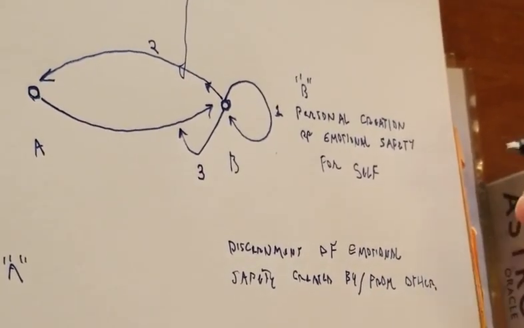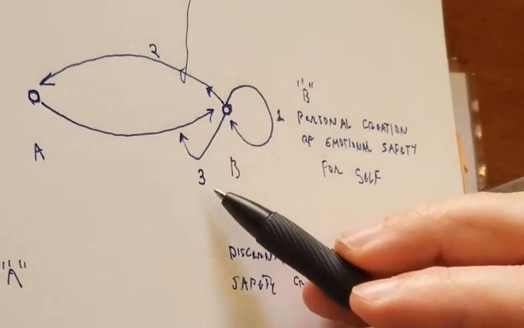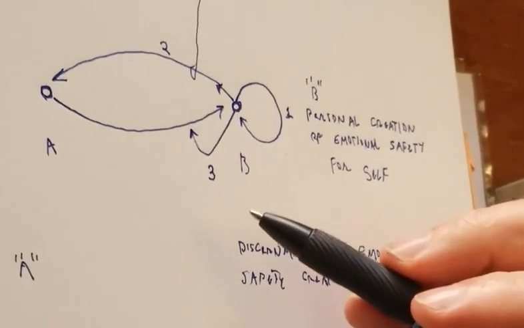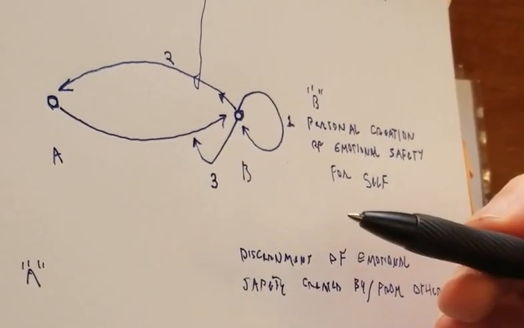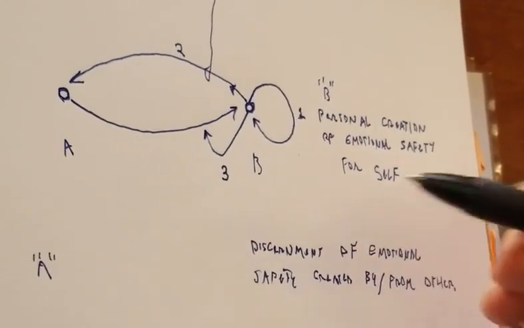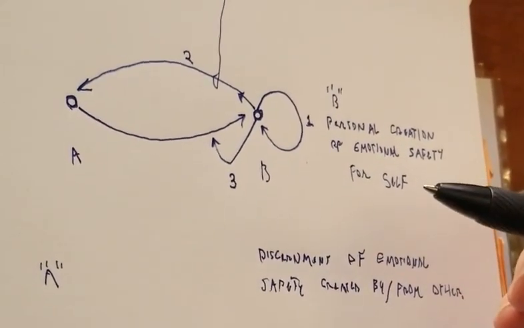And so in effect, it can go wrong in two ways. It can be a failure to recognize an unsafe situation, and it can be a failure to recognize a safe situation.